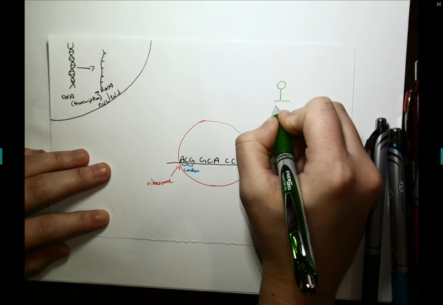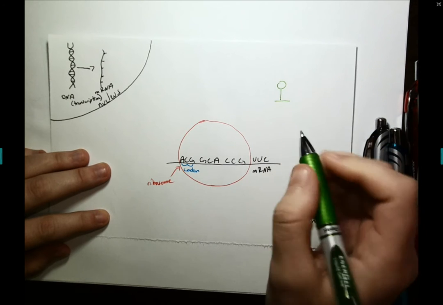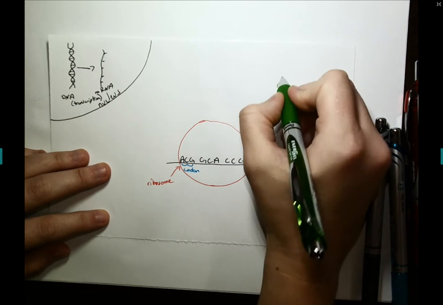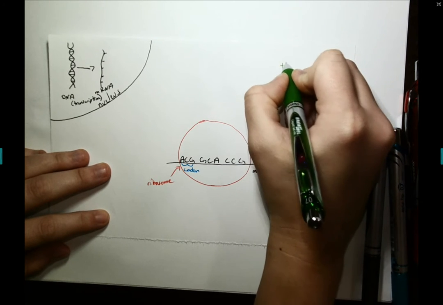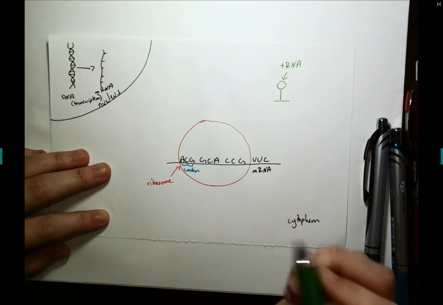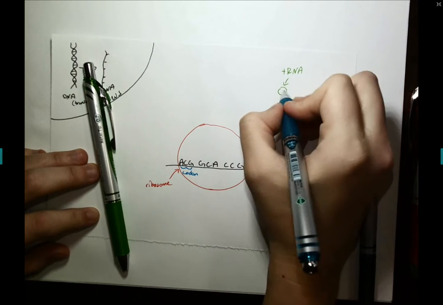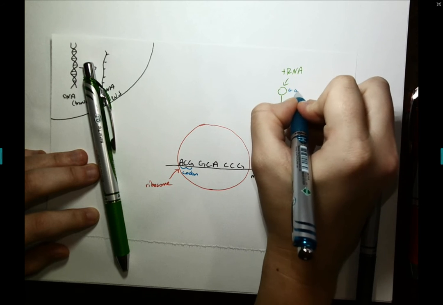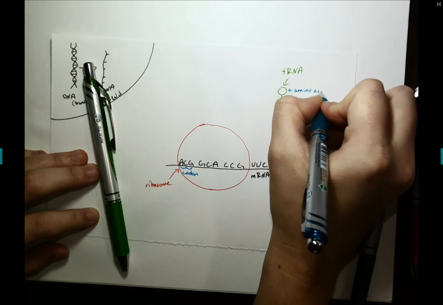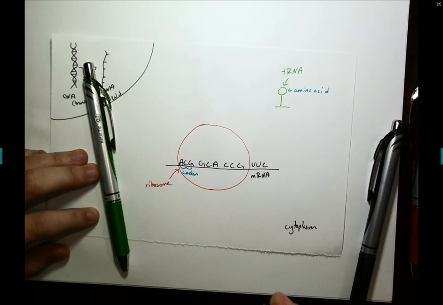And so now that mRNA has the first codon, it will read that codon and it will look for the corresponding tRNA. So this is our tRNA, right? We know T stands for transfer. And the tRNA has the amino acid that we need because amino acids make proteins.